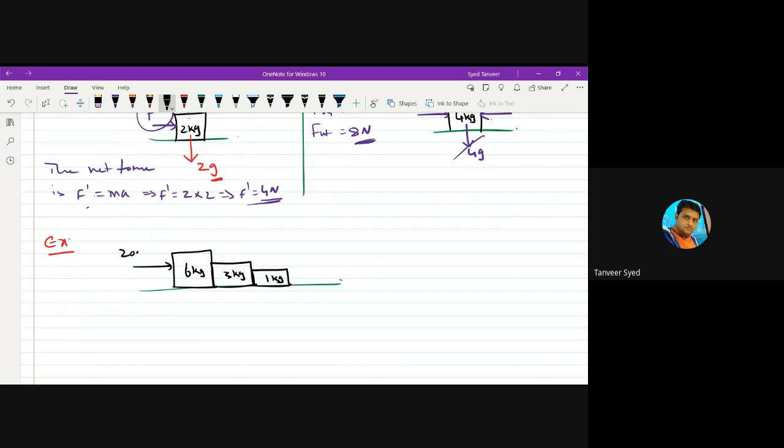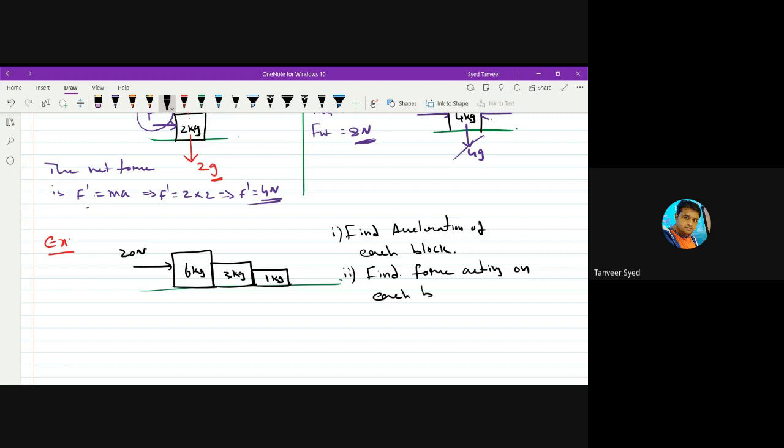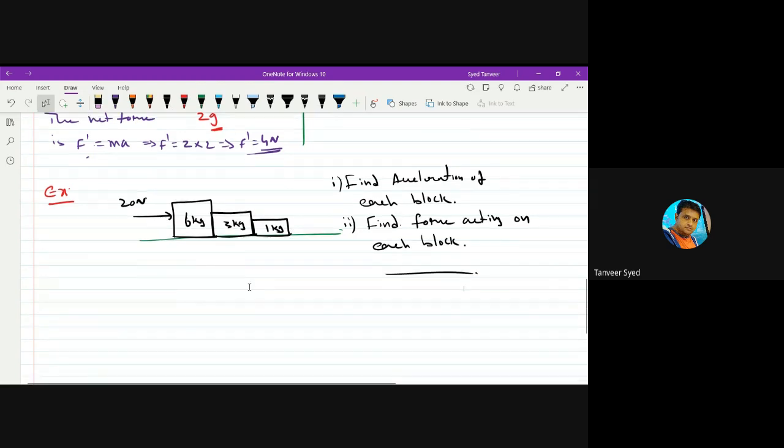Force applied is 20 Newton. Number 1, find the acceleration of each block. Number 2, find the force acting on each block. 2 questions. Homework for tomorrow.